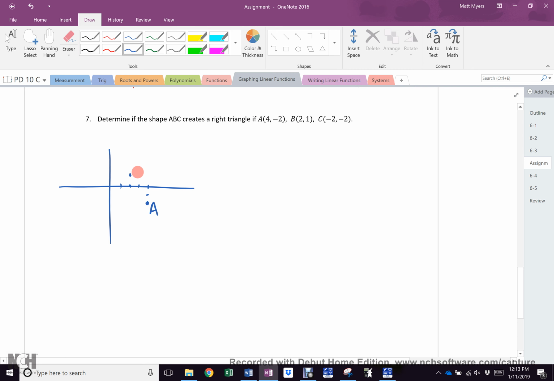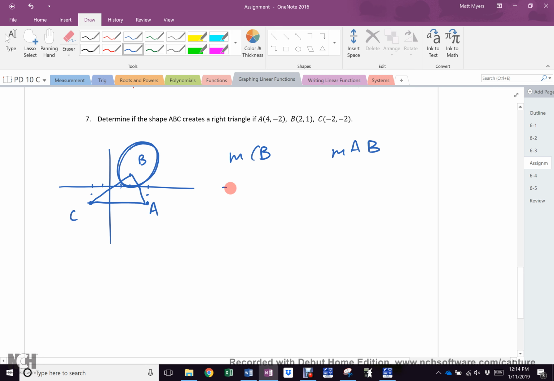There's B, negative 2, 1. There's C. And then you draw it. Where's the only possible 90 degree? Right there. So you have to check the slope of CB, and you have to check the slope of AB, and see if they are indeed opposite reciprocals.